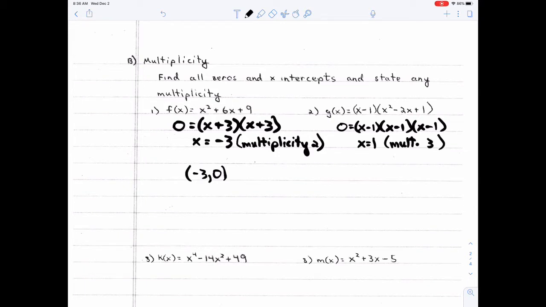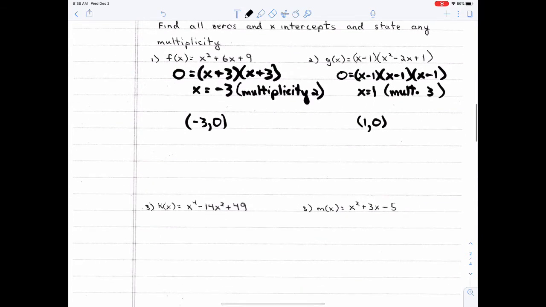And so what is the x-intercept? (1, 0). Now, how can that be? See, when I told you that the degree tells you the number of answers, that's true. That's correct. But again, I don't want to mislead you. It doesn't mean you're going to have that many different answers.